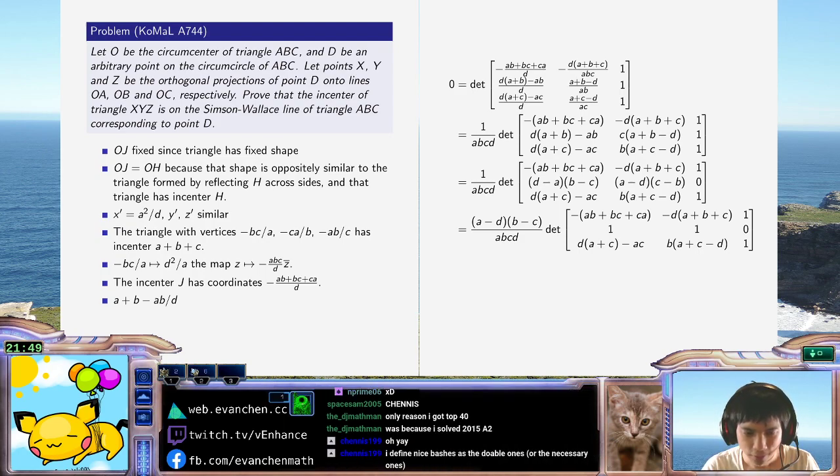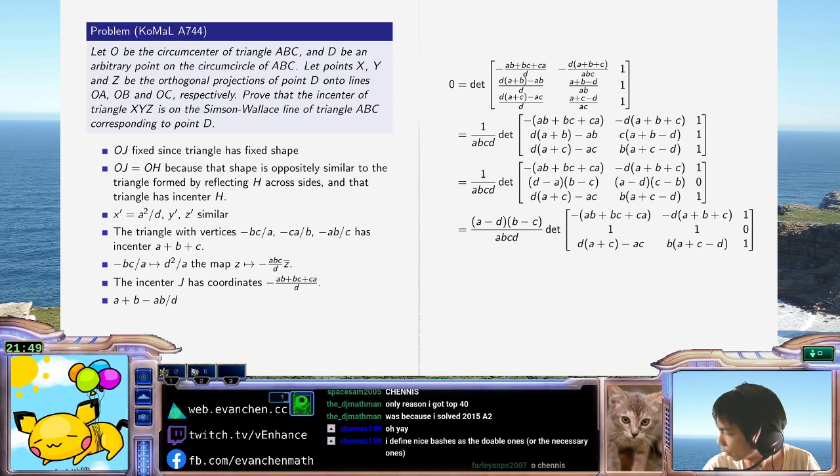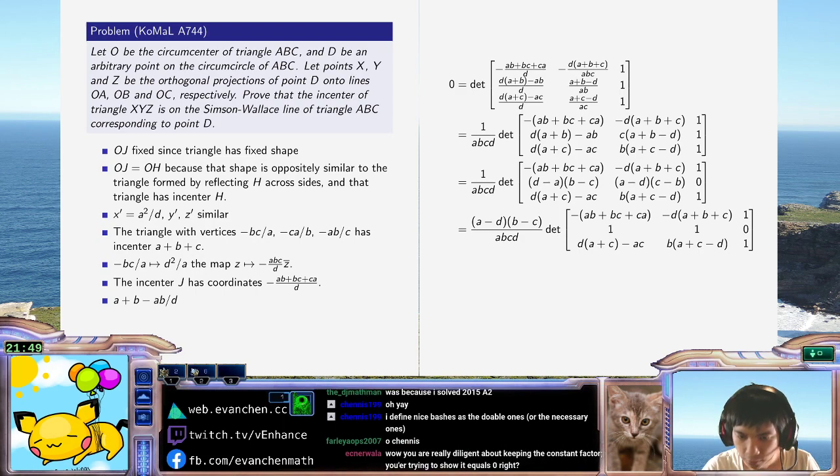Try again. B, A plus C minus D, plus D, A plus B plus C, and then minus AB plus BC plus CA. Minus D, A plus C, minus AC. Well, I just dropped the constant factor.